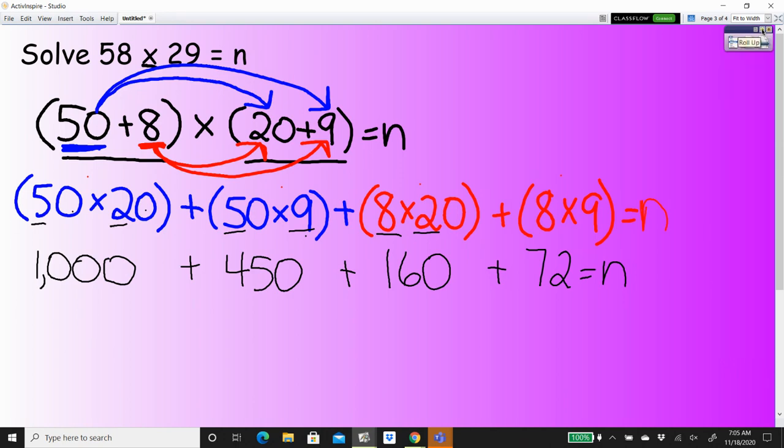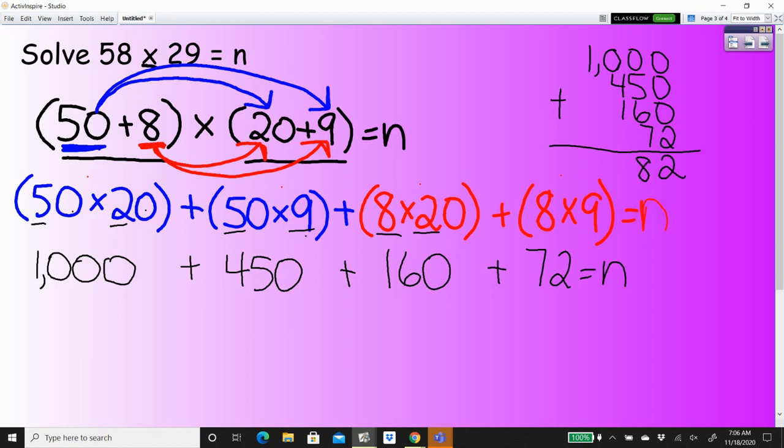So I will add 1,450, 160, and 72 all together, all at once, and I only need one addition symbol. In my ones, I have 2. 5 plus 6 is 11. 11 plus 7 is 18.